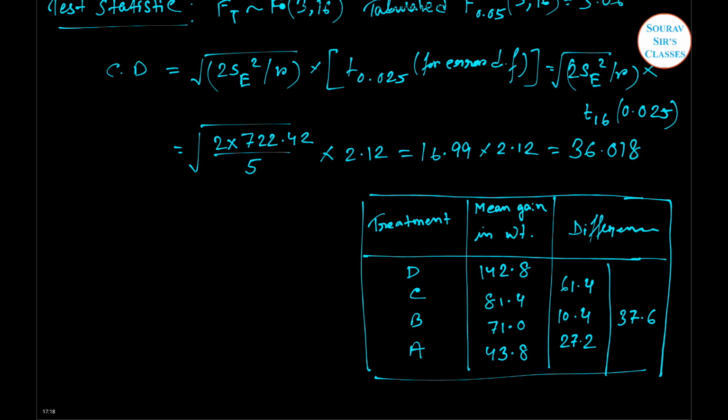The second one, the highest treatment mean effect is 142.8 due to feedstuff D. And the third one is, hence if a choice is to be made among the 4 treatments A, B, C and D, treatment D is the best and most effective. Moreover, if a choice is to be made between A and C, which differ significantly, the treatment C is to be preferred since the average gain in weight due to treatment C is more than due to treatment A. All other possible combinations of treatment pairs are alike.